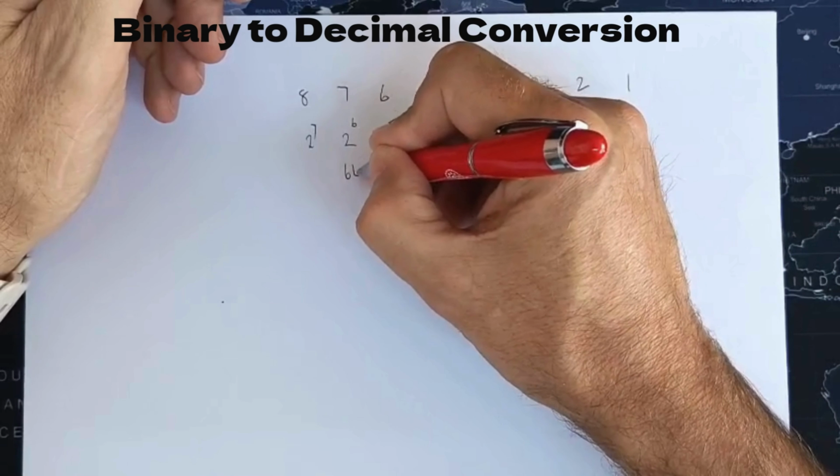All of these are zeros, so I am adding a whole bunch of zeros. So this will be 128 plus 64 equals 192.